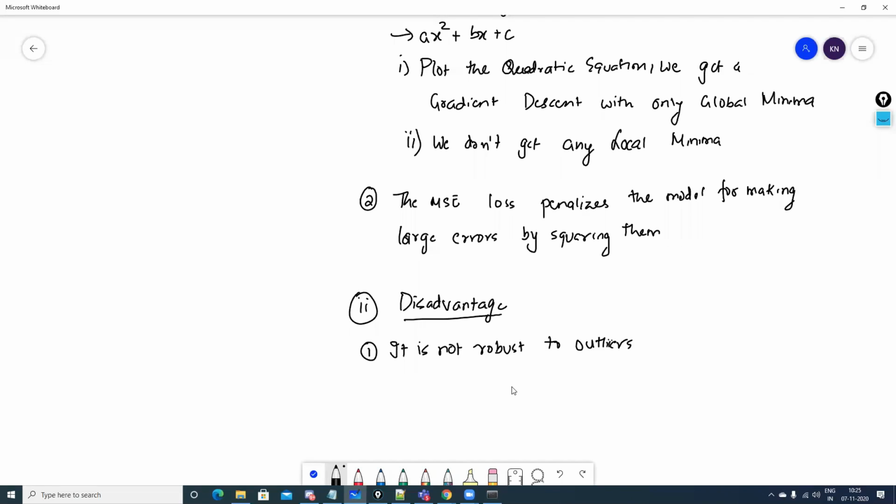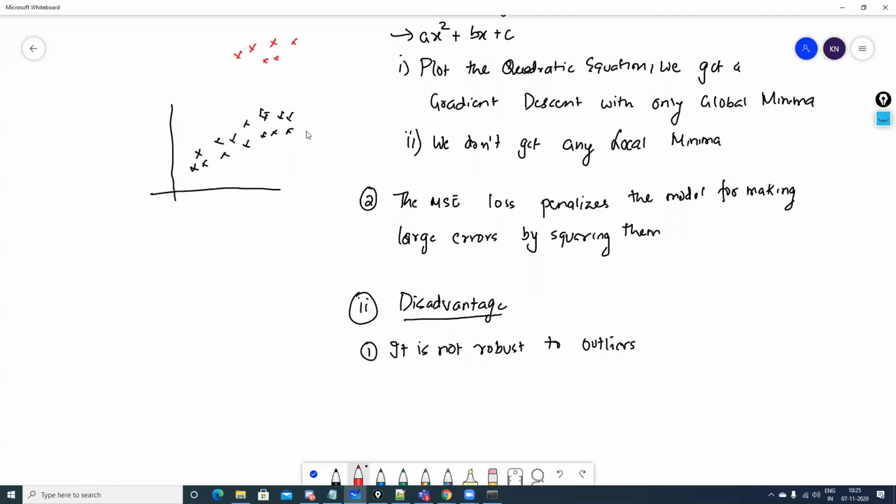Now see this, guys, what I am trying to say with respect to outliers. Outliers are values such that, if I say my data has some outliers, it indicates this. Suppose I have a regression problem with some points like this, and there are some outliers present completely on this side.